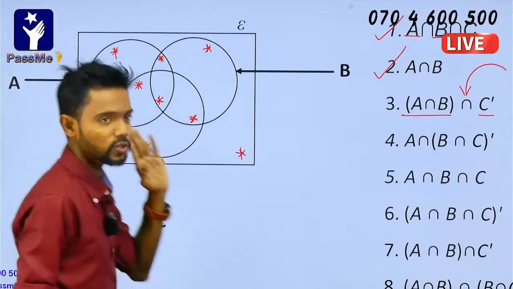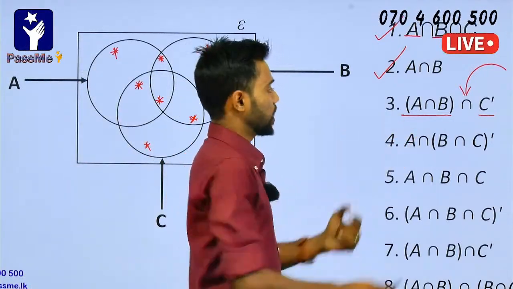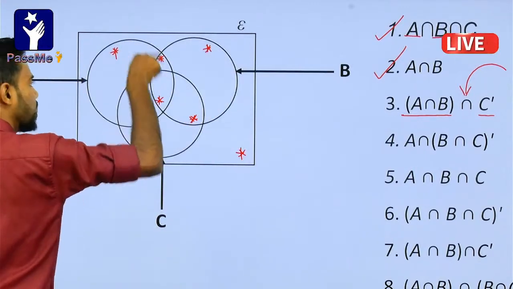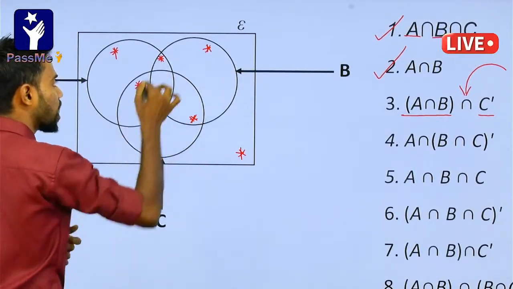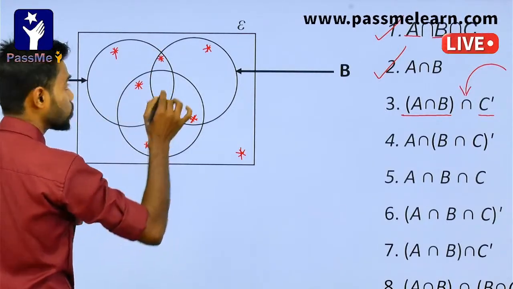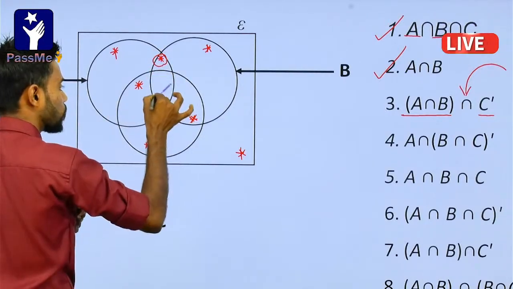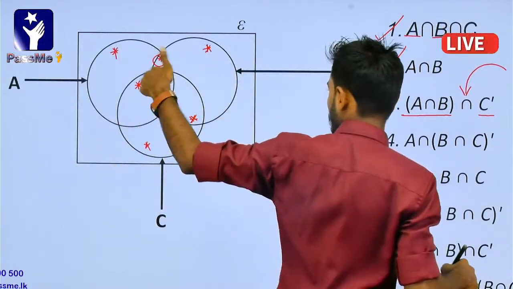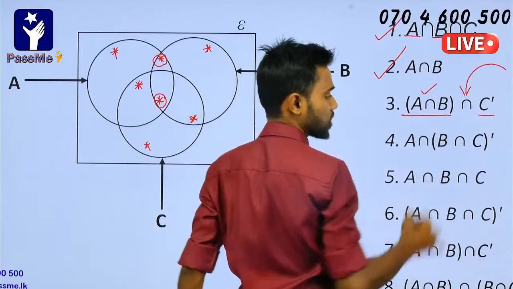Okay, we'll go into question number 3. A intersect B means A, B, the common region. Therefore, this one. So you are not going to shade anymore. Instead of shading, you put a circle like this. This part is done.